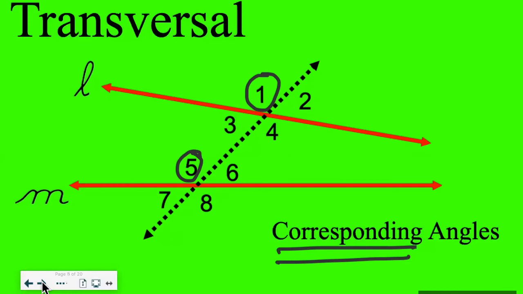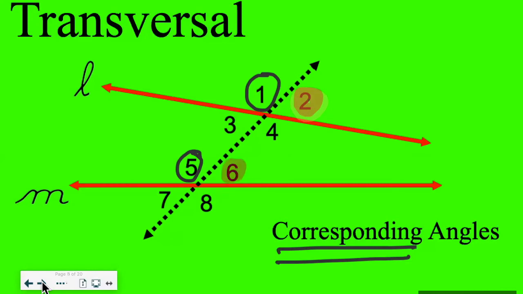Well, angle 2, that's not a good color to do that with. Let's do this. Angle 2 lies above the red line and to the right of the transversal. Well, what other angle does that? Above the line to the right of the transversal, that would be angle 6.